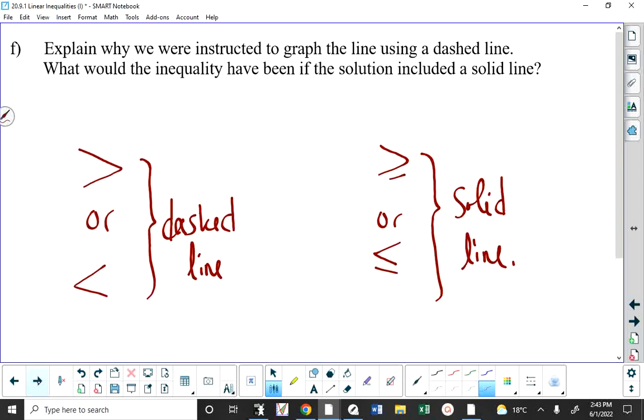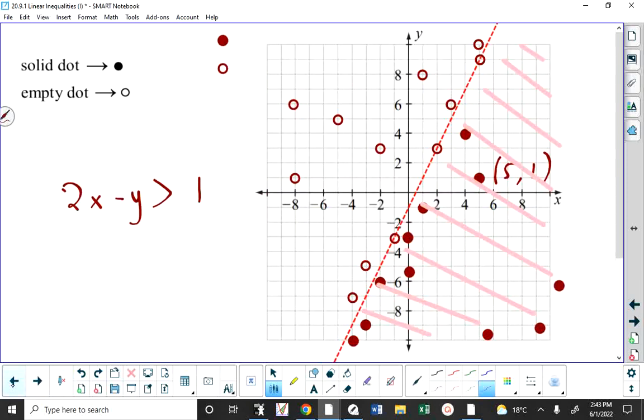Because that line, everybody, I'm going to go back to this. Because that line is this. That's what the line is. So if equal to is included as part of the inequality, then the line is part of the solution, which means you draw it as a solid line. If there's no equal to as part of the inequality, then the line we drew, which is the equation with the equal sign, is not part of the solution.